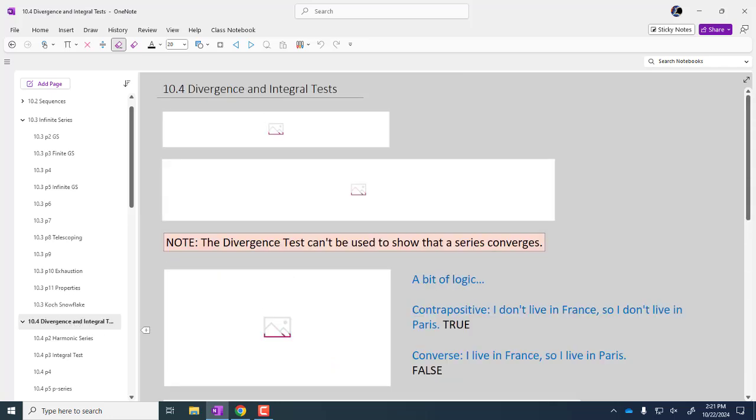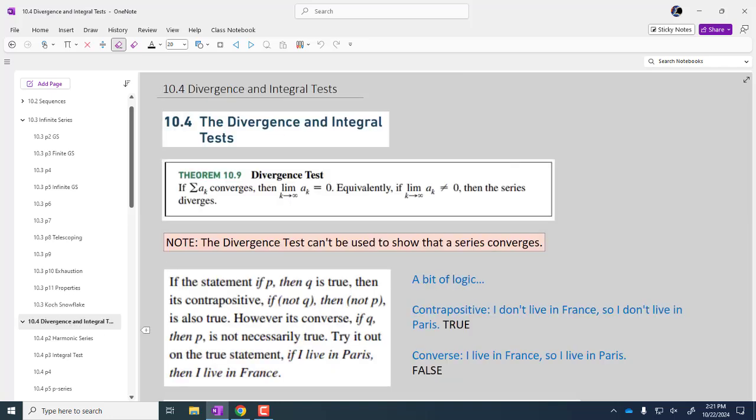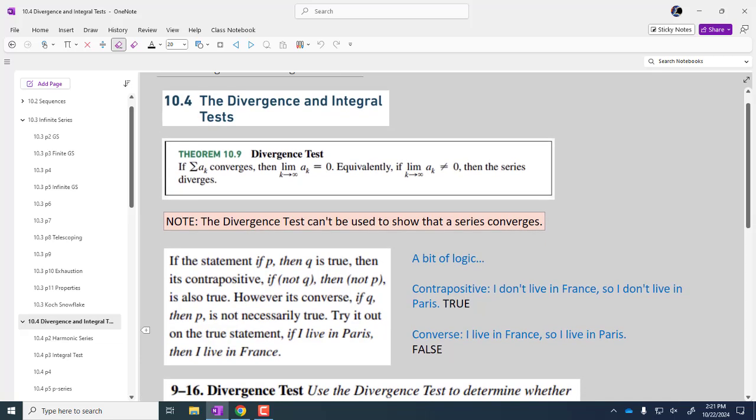All right, so let's go into our first test beyond the special series. We have looked at geometric series, which they classify as a special series, primarily because we can find the sum of the series. Telescoping is also special. We can find the sum of the series.